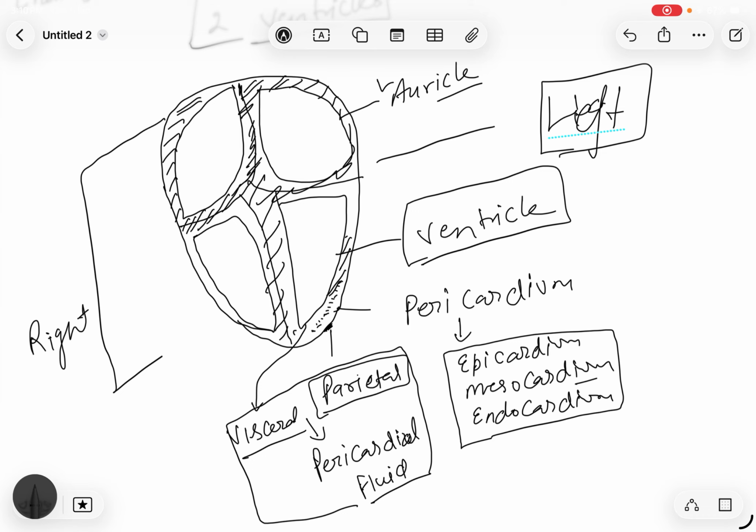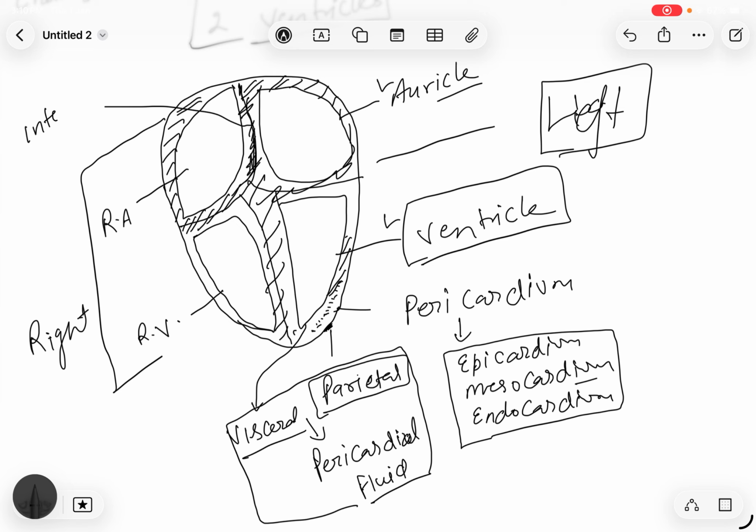So this is the left auricle, this is the left ventricle, this is the right auricle, and this is the right ventricle.